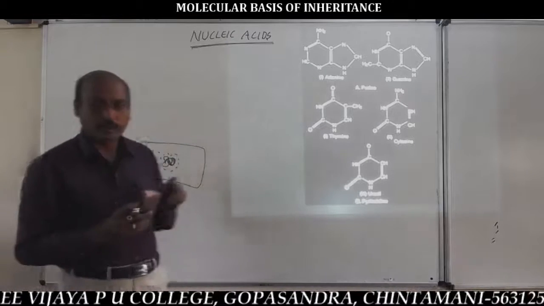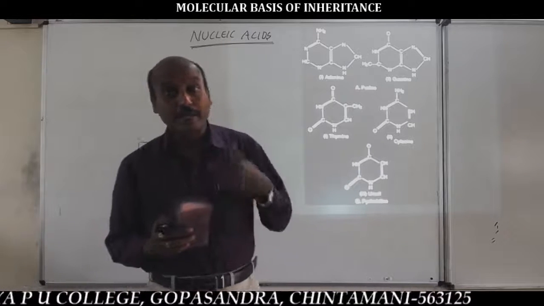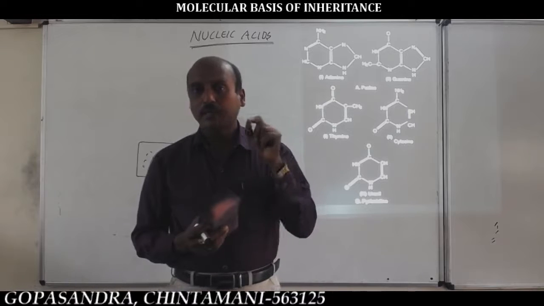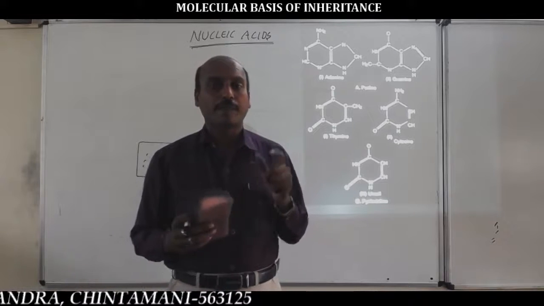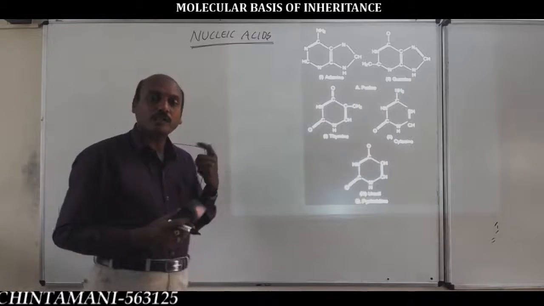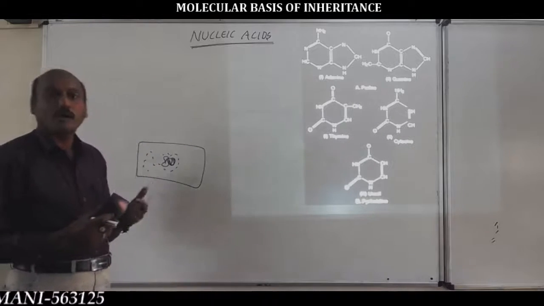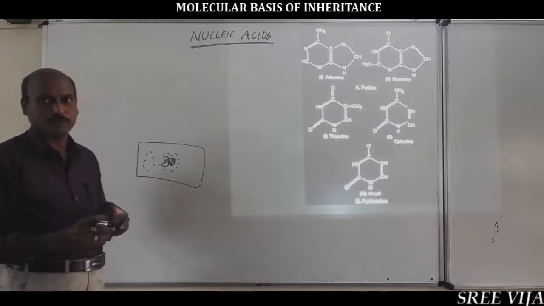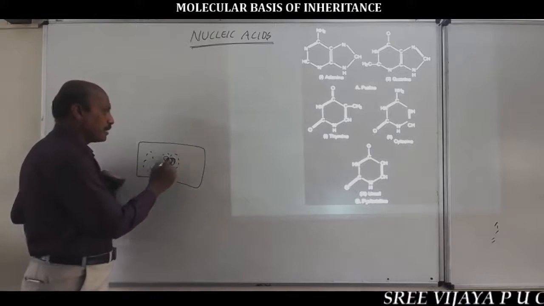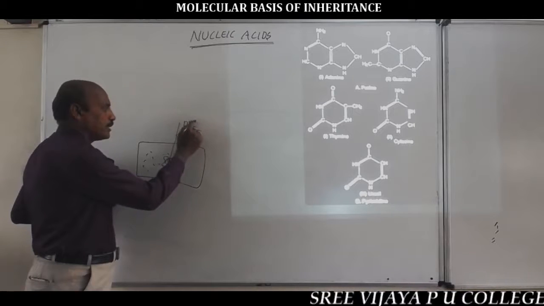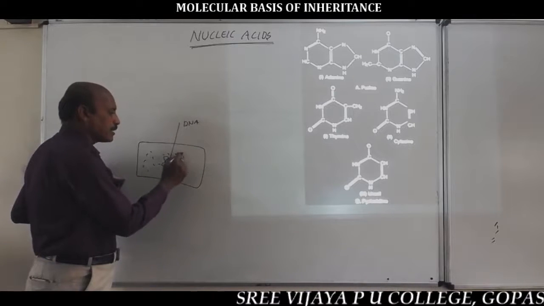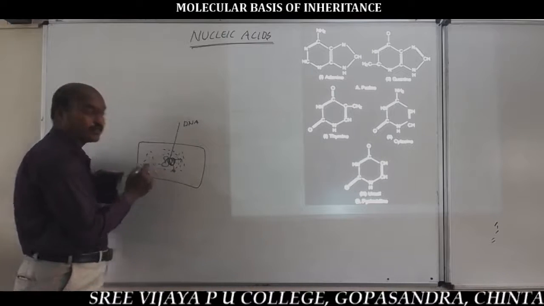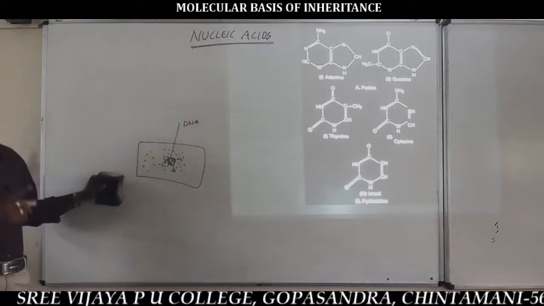Such DNA, a chromatin fiber without a nuclear membrane directly associated with the cytoplasm, is called false nucleus, nucleoid, primitive nucleus, incipient nucleus, and so on. So in prokaryotes, DNA is directly in contact with the cytoplasm without a nuclear membrane.